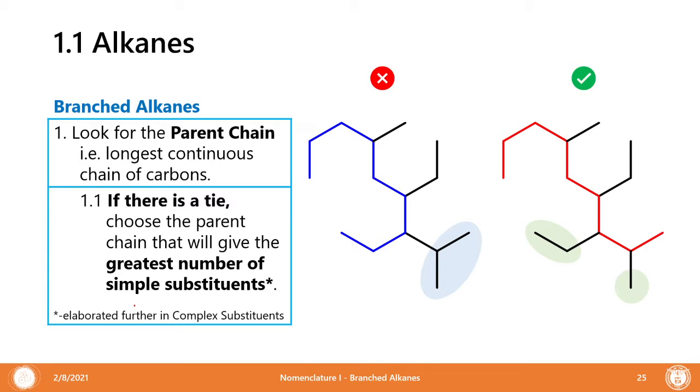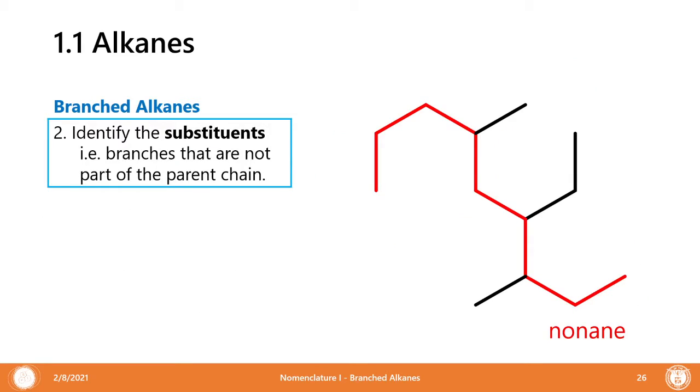We want a larger set of simple substituents without any branching points compared to one big complex substituent. We will elaborate complex substituents later. So proceeding from that, we have the parent name.